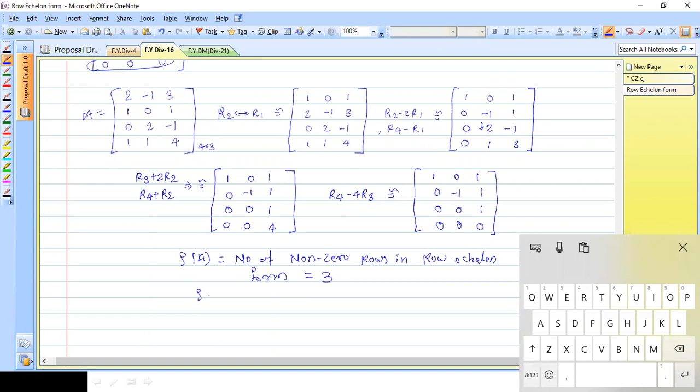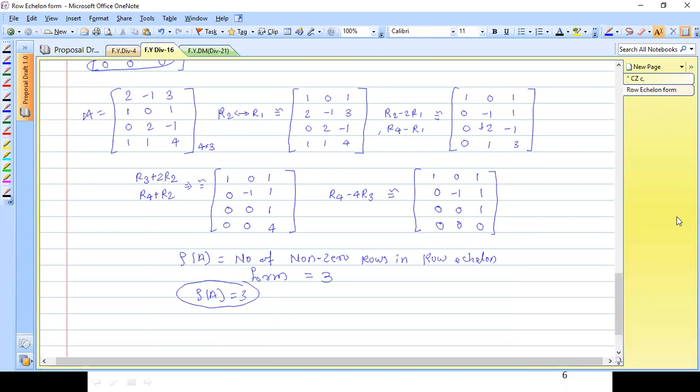So you can write down that the rank of the given matrix is 3. That's it. Anyone, any doubts? No, sir. Okay, everyone? Yes, please. Anyone, any doubts? Please clear your doubts here only. Okay.